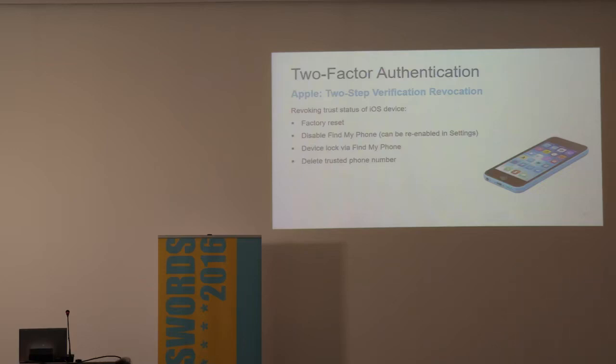Now, Apple has a second way for two-step verification, which is delivered through Find My Phone. This is not a secure method as well, because Find My Phone is a protocol that was initially developed for delivering messages to locked devices. If you lost your iPhone or if it got stolen, this is the Find My Phone protocol that delivers a lock message or that can be used to erase your iPhone.